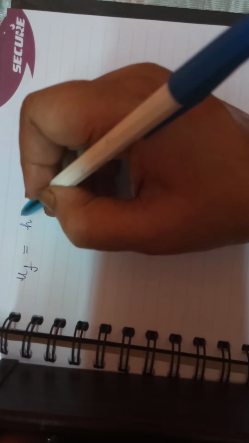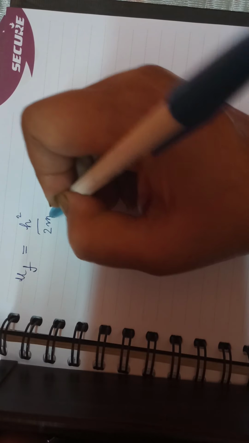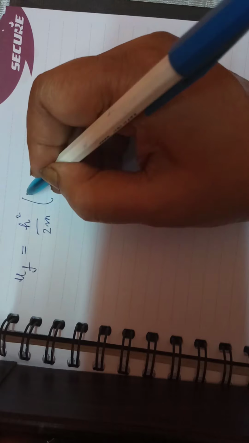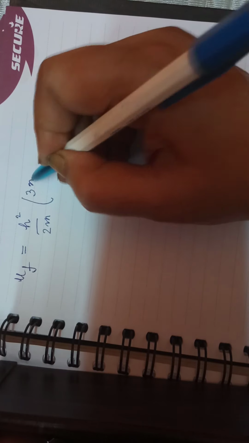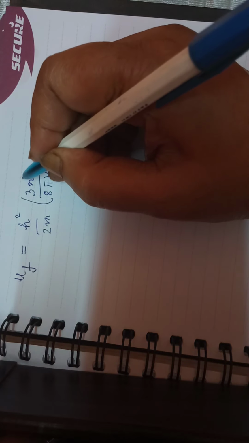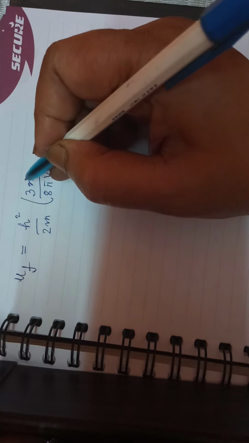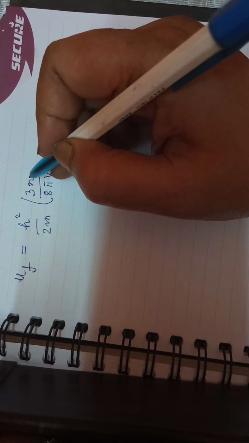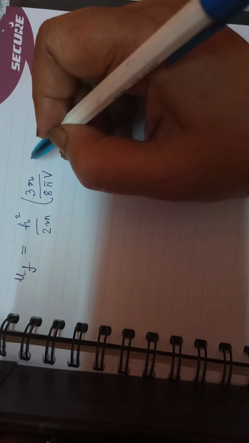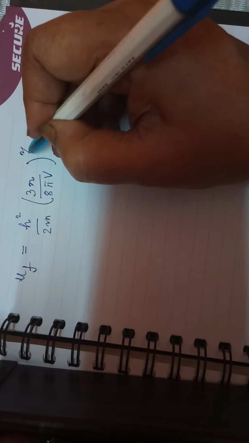So uF = h² by 2m (3n by 8πV) to the power 2/3. Usually in your problem n by V is supplied as the electron concentration, which you can substitute for the calculation of Fermi energy.